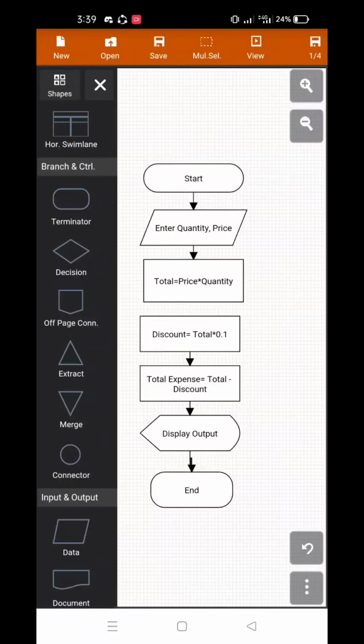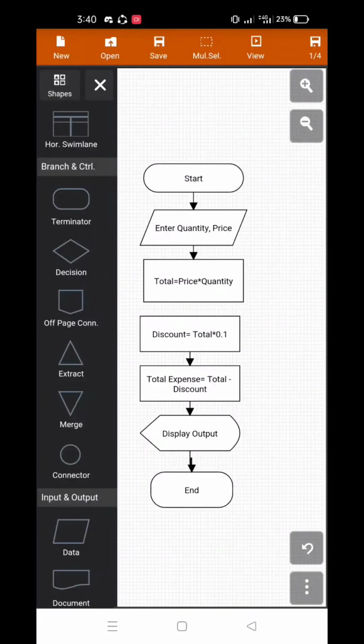So after we enter the quantity and the price of the certain product, next we are going to calculate the total price of quantity and product. So price times quantity is equals total.